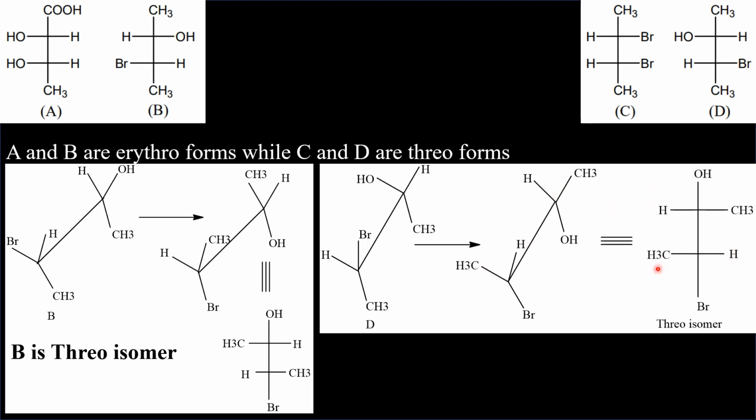Yes, now look at the structure. In the Fischer projection, similar groups are present on opposite sides. Therefore, this is the threo form. C is not threo or erythro, but D is threo. Likewise, you can work out the other three statements and identify that the answer given as C is correct.